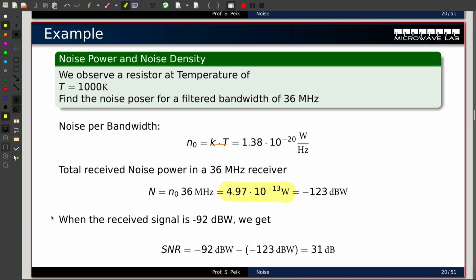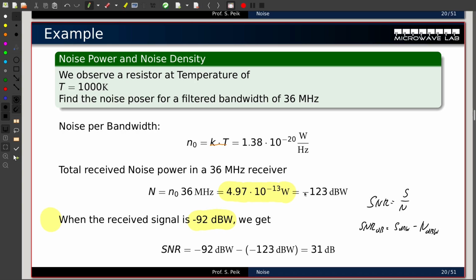Just assuming I have a signal of minus 92 dBW coming in, then I can find the SNR. And the SNR, remember, is signal over noise, and then my SNR in dB would be the signal in dBW minus the noise in dBW.